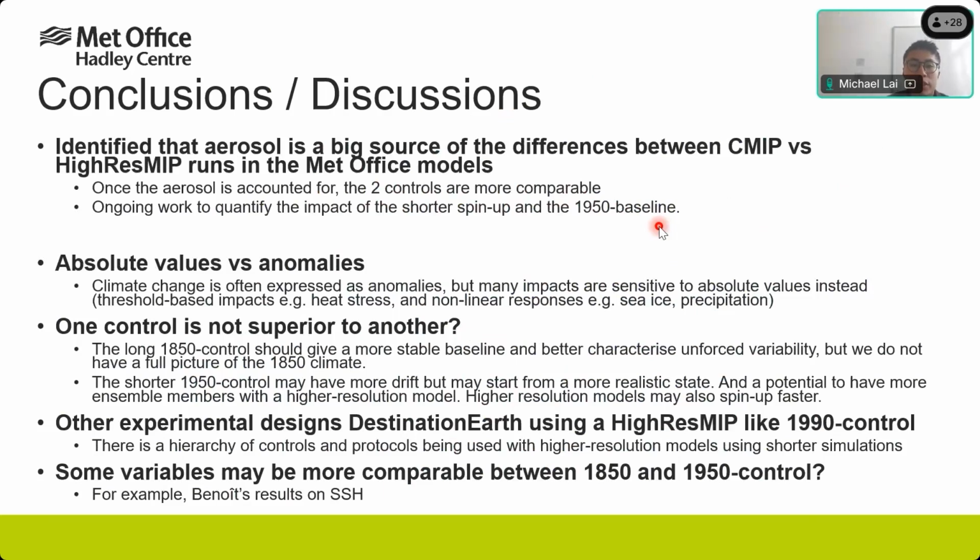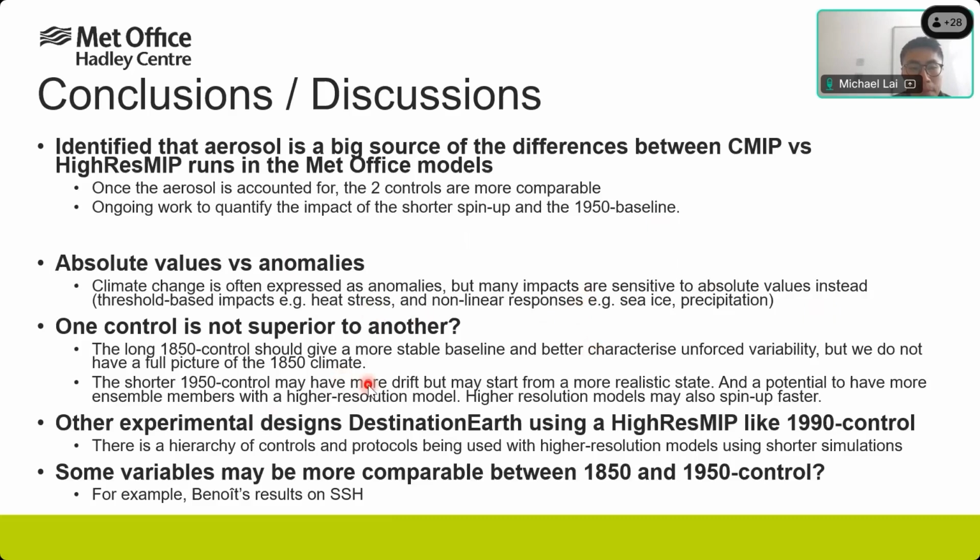Climate change is often expressed as anomaly, so 1.5 degree warming, 2 degree warming, but many impacts are quite sensitive to the absolute values instead, like threshold-based things, like heat stress and so on, or nonlinear responses to do with sea ice and precipitation. Obviously there's a big spread in the absolute values in the CMIP models. What is the best way to think about that?